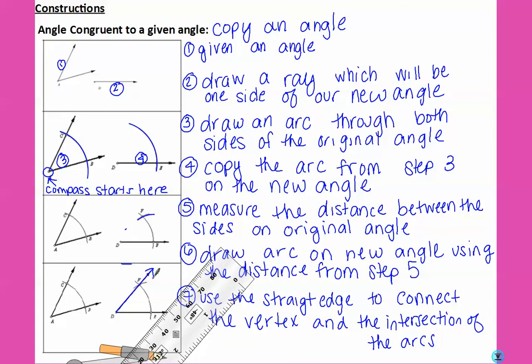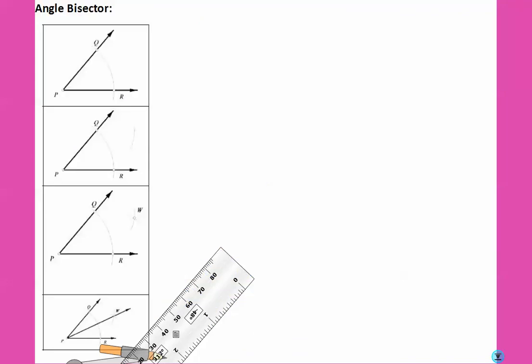All right, next we're going to create an angle bisector, which means it is going to cut the angle in half. So, just like with copying an angle, we are going to draw an arc through both sides of the angle.